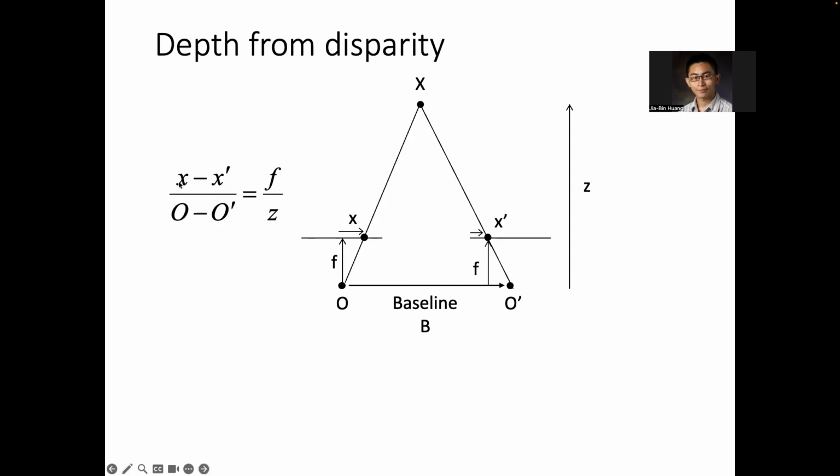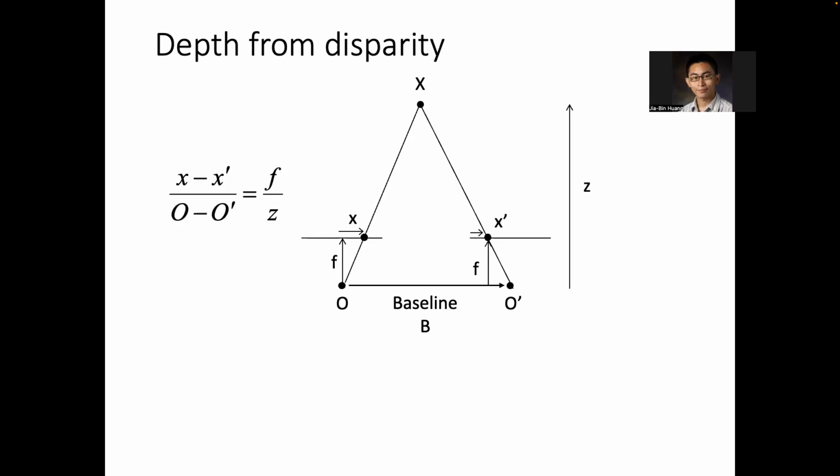That's called the disparity. If you hold your thumb in front of you and close one eye alternately, you'll find that there's some shift, right? That shift is coming from the fact that the same 3D point is getting projected onto different locations of your camera.